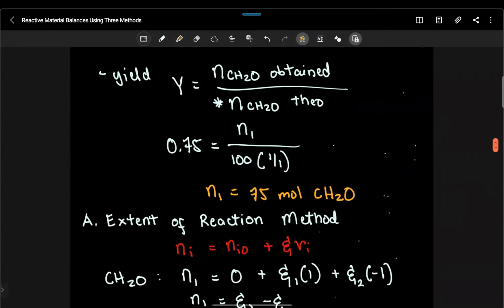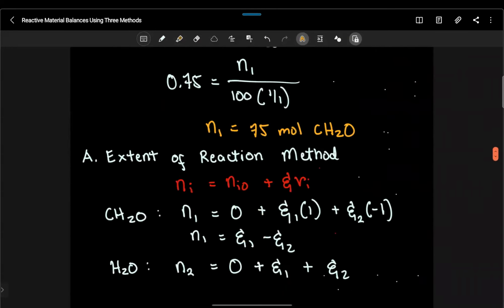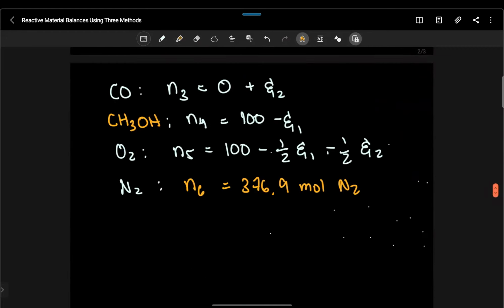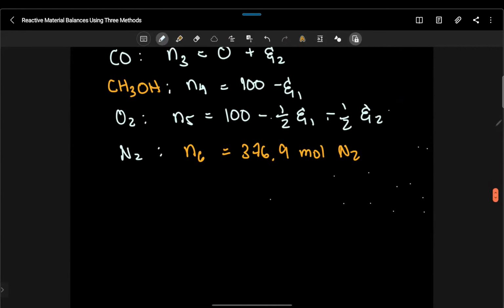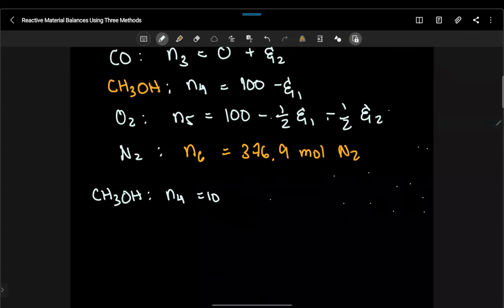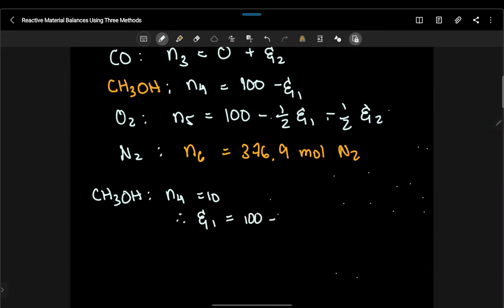So, N4 is 10 moles. Okay, so considering methanol, again, N4 is 10. So therefore, extent 1 is 100 minus 10, which is 90. Okay.